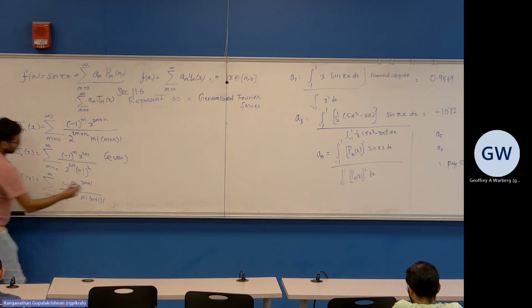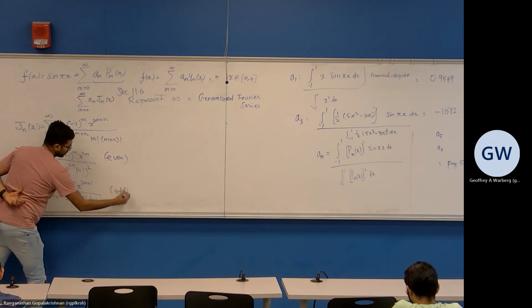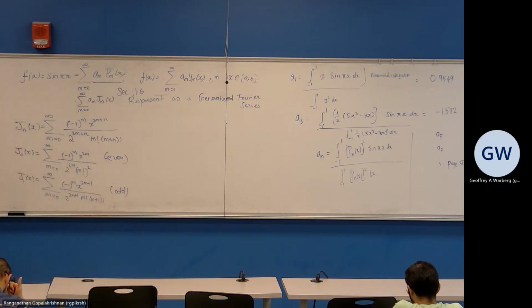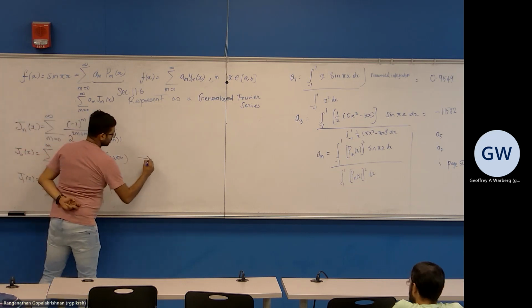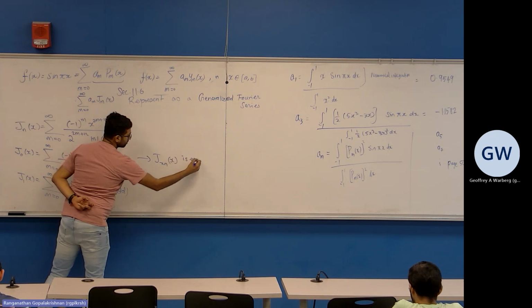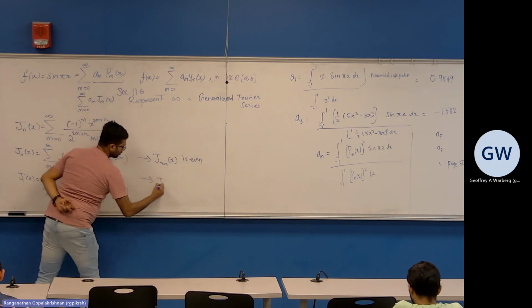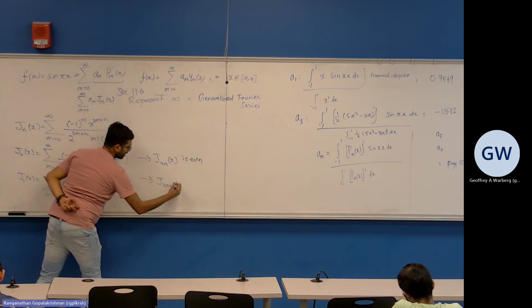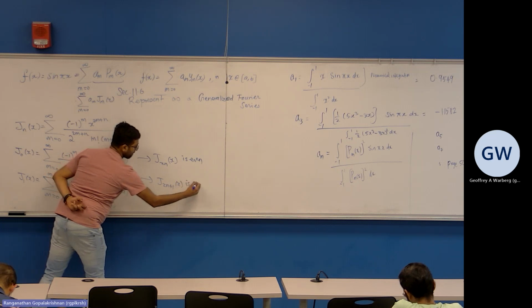So these are odd functions. And you can easily say in general, J_2n of x is even and J_(2n+1) of x is odd.